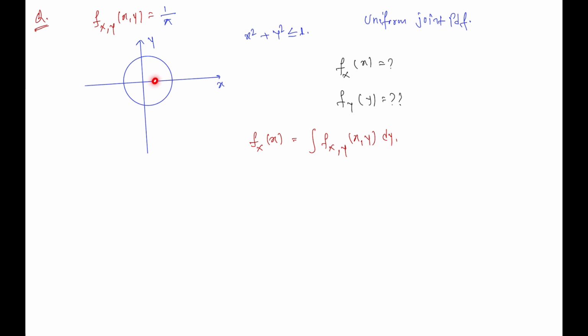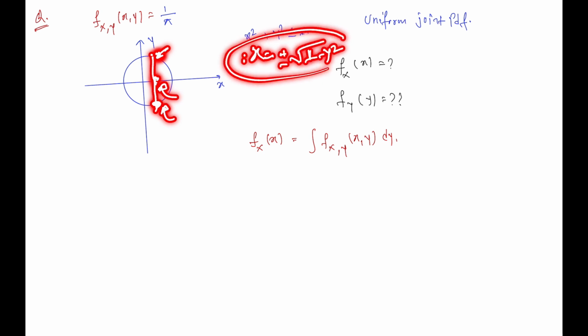So for a general x, the y will vary like this, right? So what will be the values for this x? You can find from here, that would be plus minus root over 1 minus x square, right?